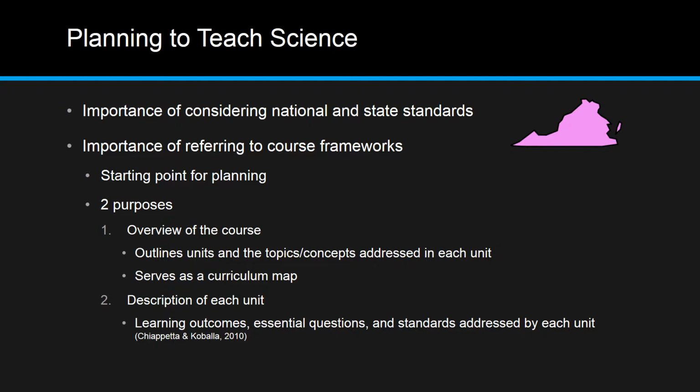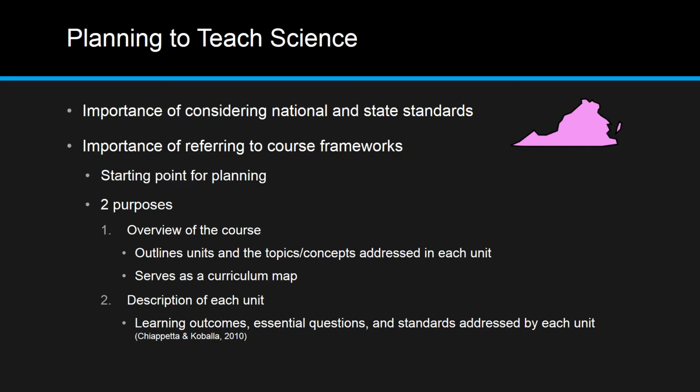Another important consideration is national and state standards. As you plan your instruction, it is often helpful to refer frequently to the standards prescribed by your school in order to ensure that you are offering your students opportunities to meet the requirements set forth by your school's governing agencies.